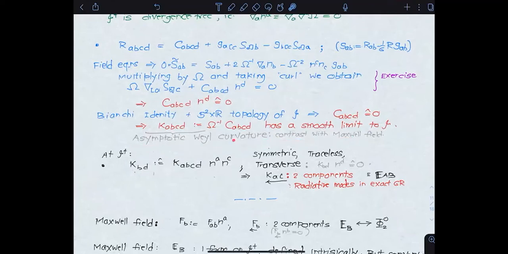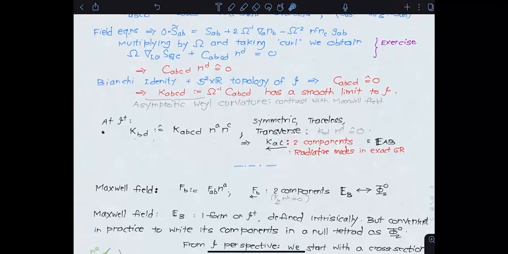And this is in contrast to the Maxwell field, because for the Maxwell field, remember, in the present language, the physical F_ab was the same as the rescaled F_ab. Whereas here, this is not the case; we really had this factor of omega to the minus 1. The Weyl tensor itself actually vanishes at Scri.